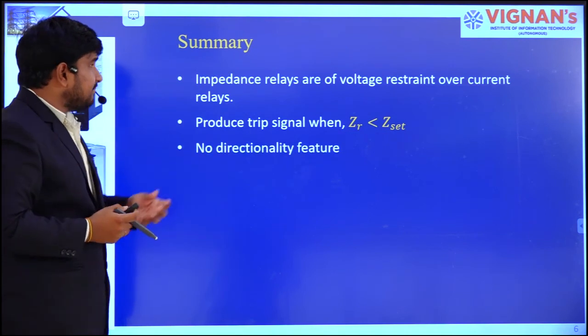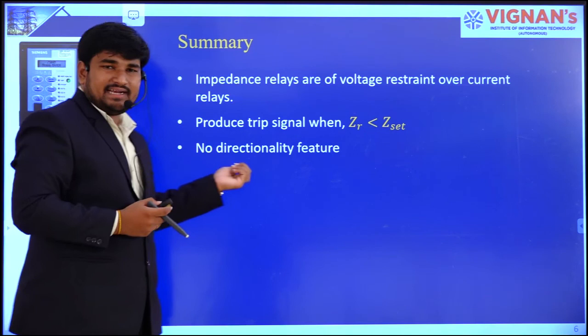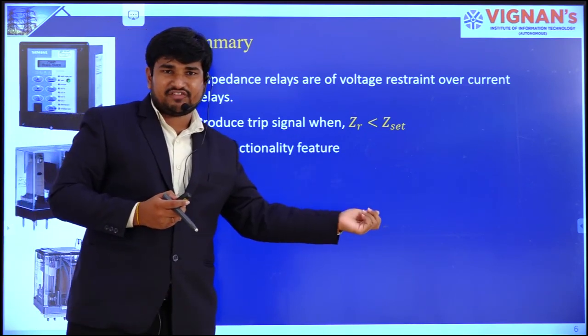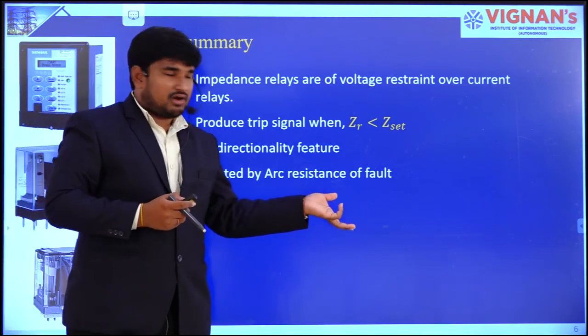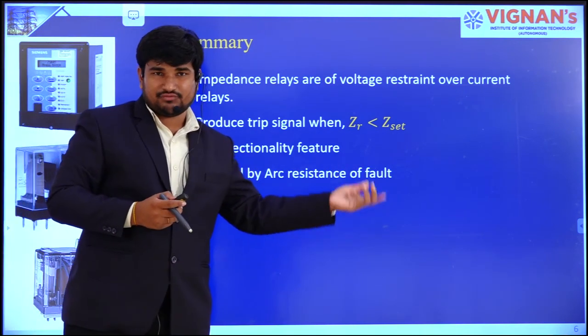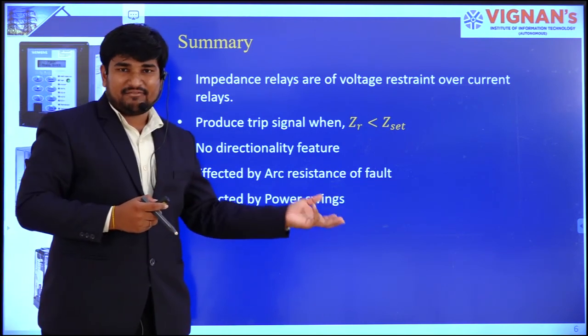And the third one is the limitations of the impedance relay: it doesn't have any directional feature, it is affected by the arc resistance of the fault that we just saw, and it is also affected by power swings.